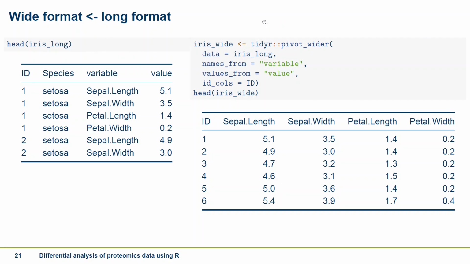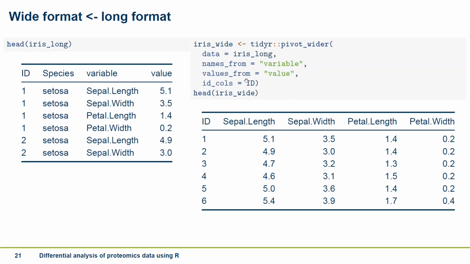And then you can use the pivot_wider function, give it a data set in a long format, and then again you can define which column should be transformed to column names in the wide format and which column will be transformed to values in the wide format. And these were these two columns here, variable and value.